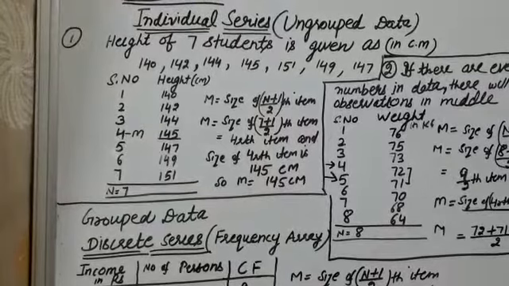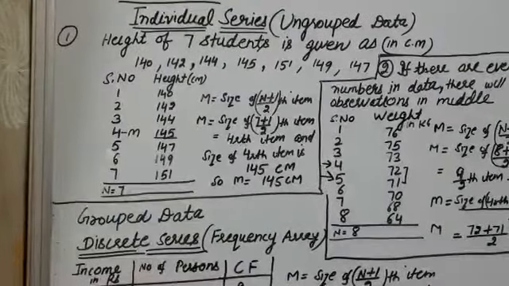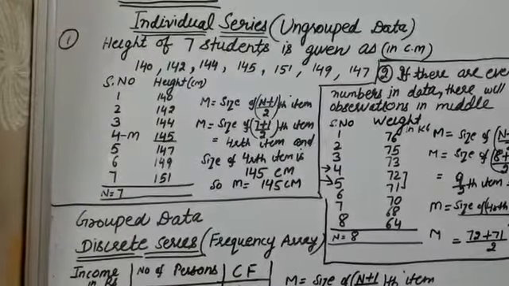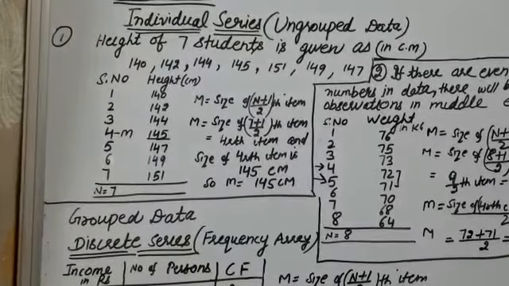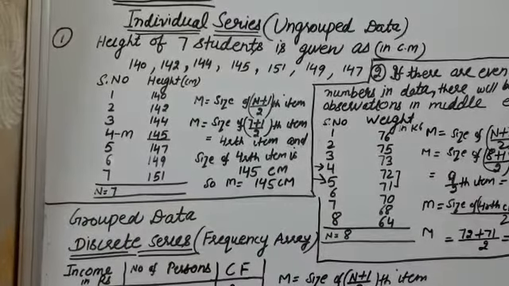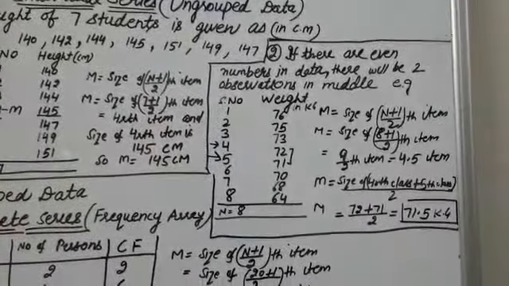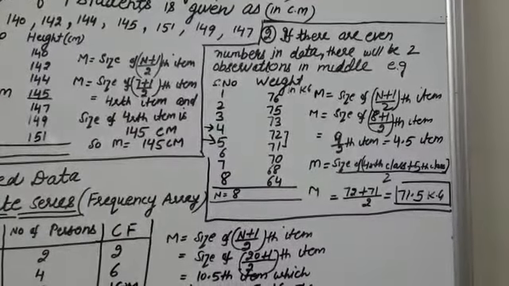Now suppose there are even numbers in the data, then there will be two observations which fall in the middle. In this case, the median is calculated as the arithmetic mean of the two middle values. Now look at the second numerical, where the weight of 8 students is given.